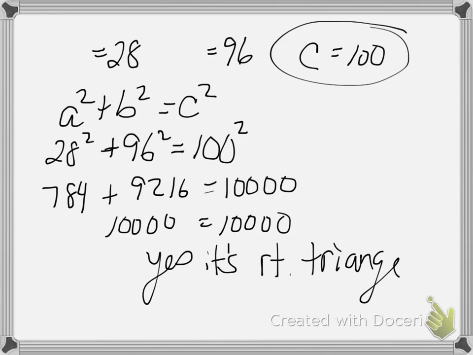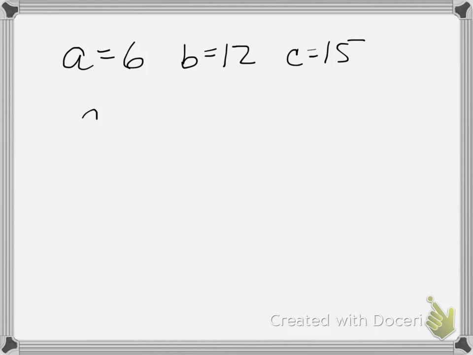So one that wouldn't be a right triangle, like let's say I said A was 6, B was 12, and C was 15. You could test it out.